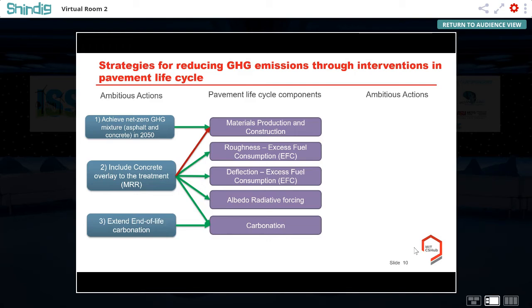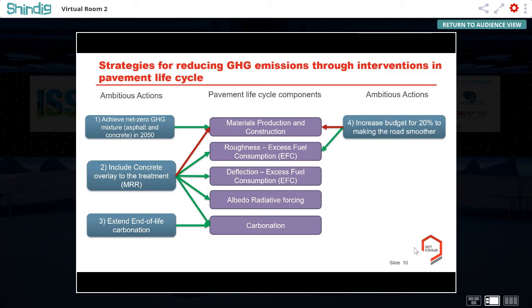And extending the end-of-life carbon uptake, meaning that if we leave the demolished concrete at the end of life for a longer time in the stockpiling site, we may give this opportunity to have more carbonation at the end of life. And the other ambitious action is increasing the budget, simply spending more money to repair our roads and have a smoother surface for the roads.